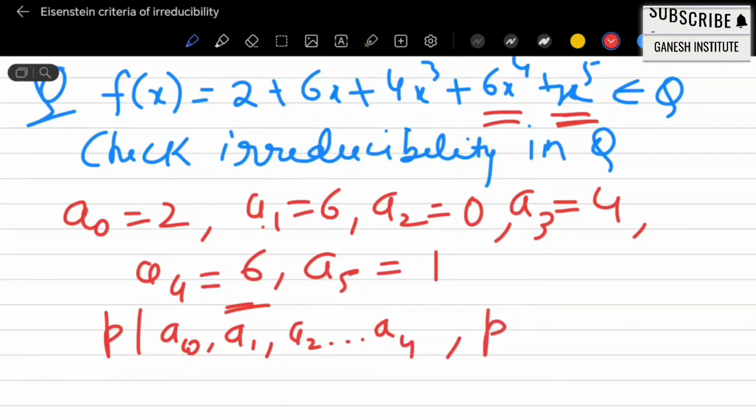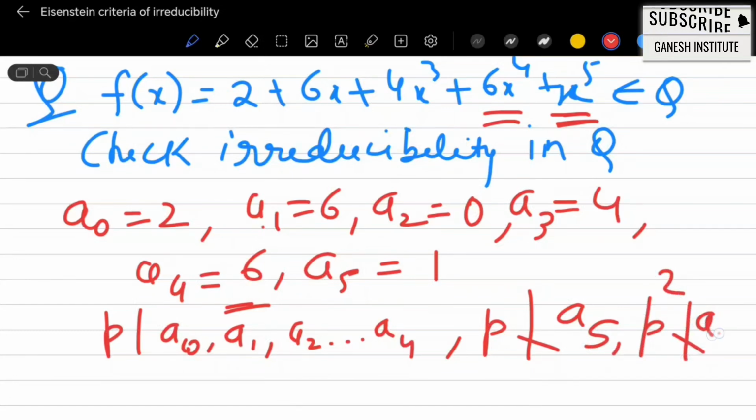And p should not divide the highest power coefficient, that is a5. And p square should not divide the constant term. Can you suggest one prime number? Can I take p as 2?